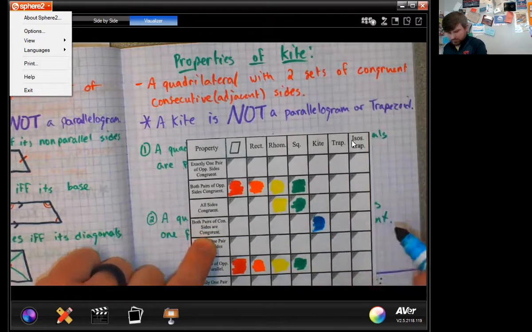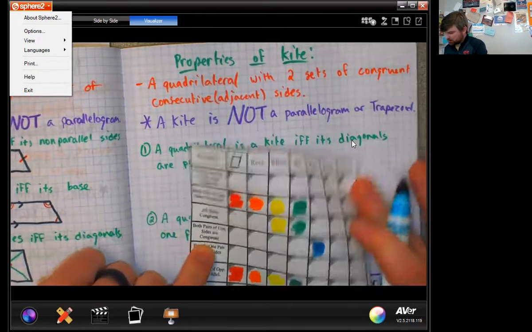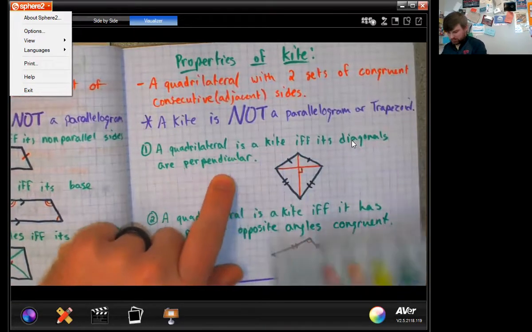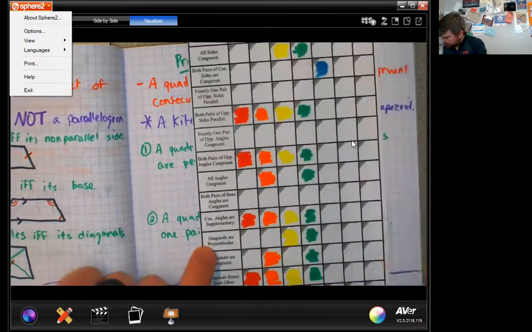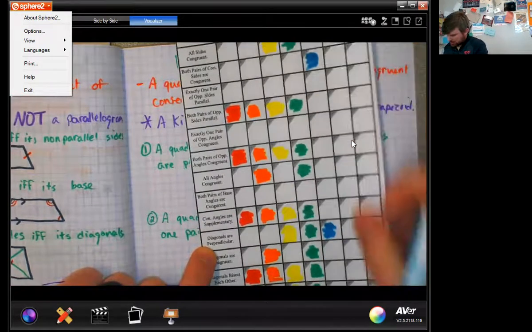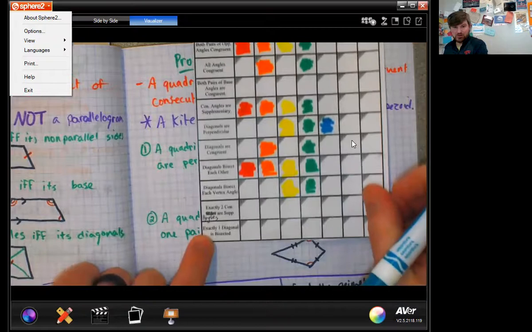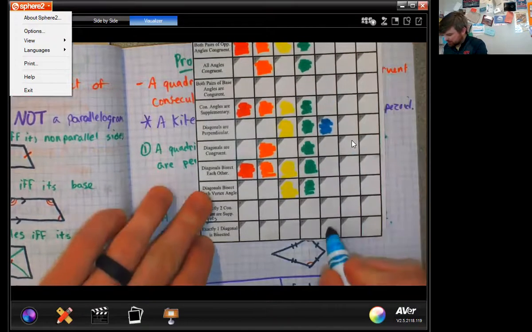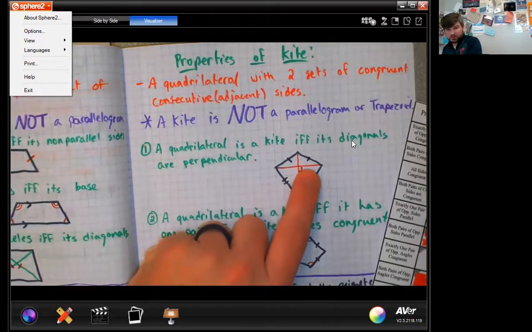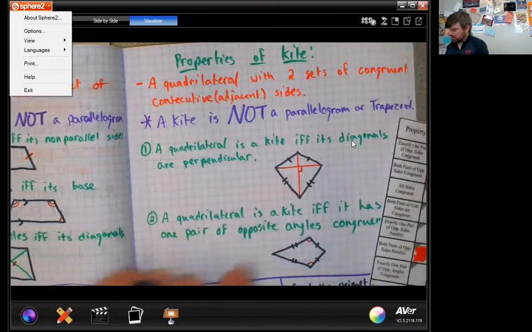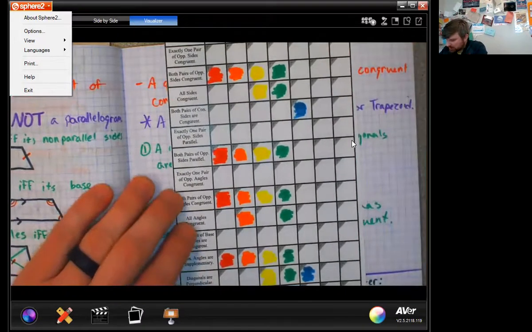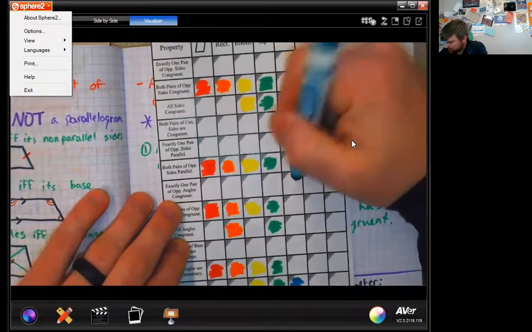And if its diagonals are perpendicular, that could be a kite. Exactly one diagonal is bisected, that's a kite. We talked about that before here. One of those diagonals is bisected. And there's one more: exactly one pair of opposite angles are congruent.